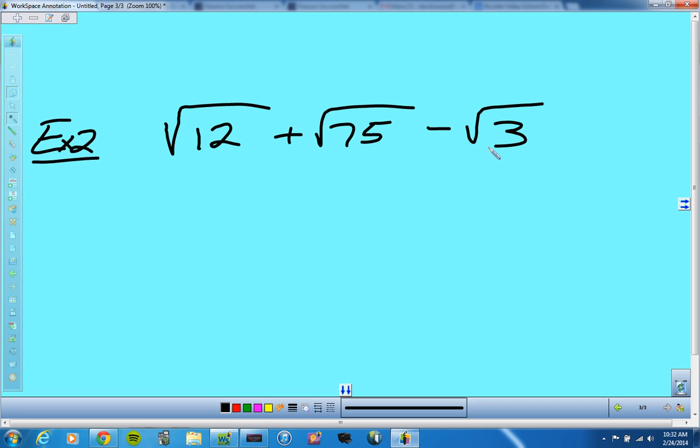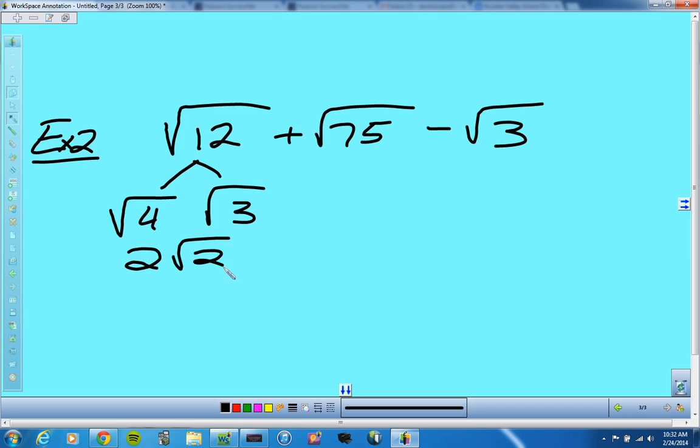So when they give you a problem like this and you have to simplify, what you've got to do is break down the square roots. Because I've got this lone square root of 3 over here, we're probably going to have square root of 3 here in some form or another. So what's square root of 12 divide into? 4 and 3, so that becomes 2 square root 3.